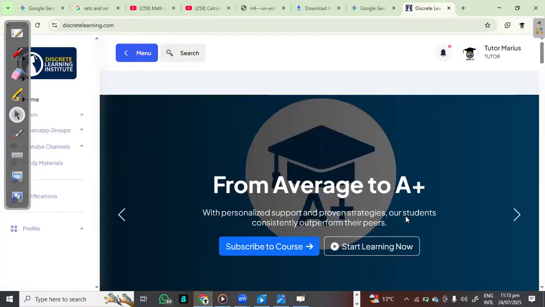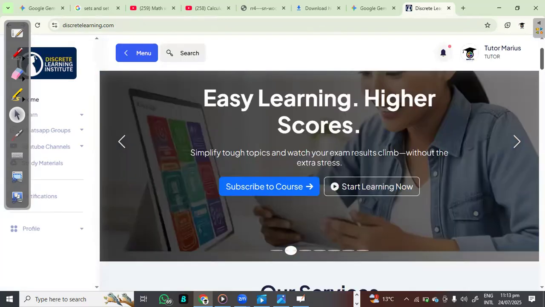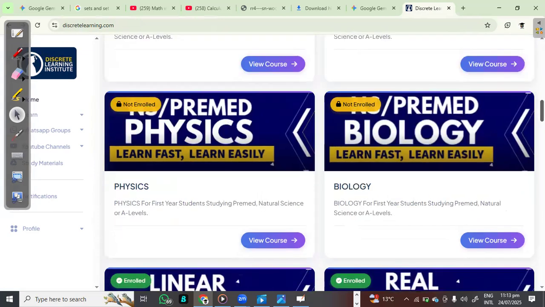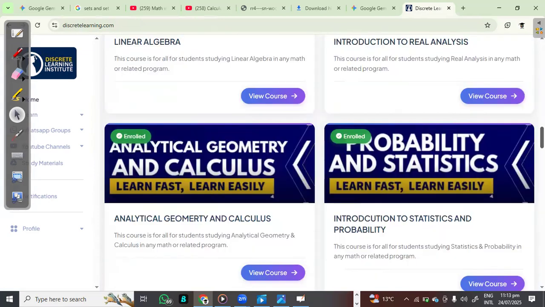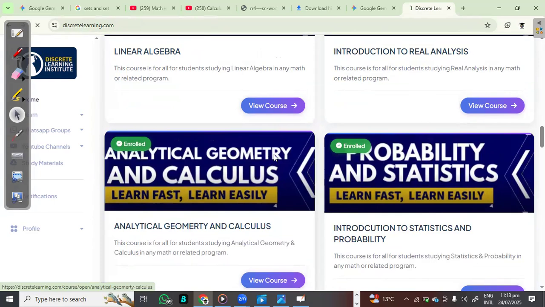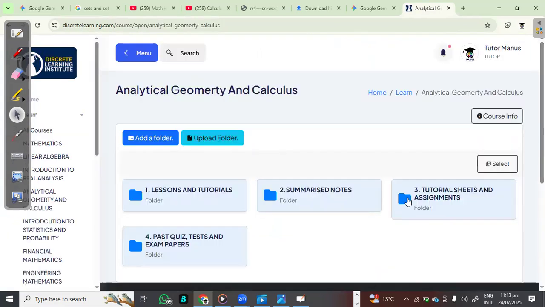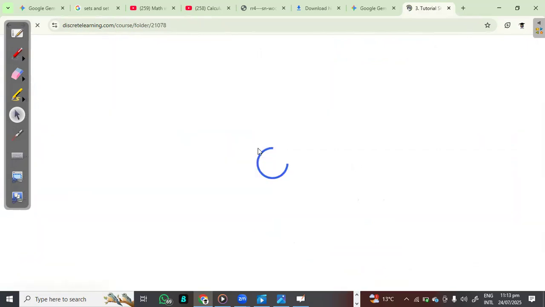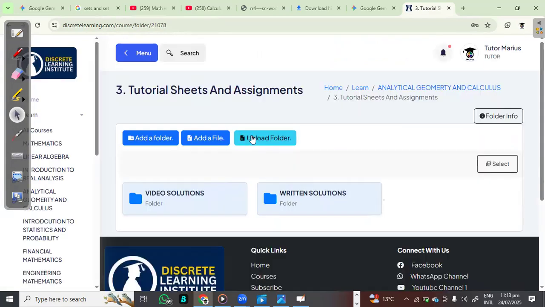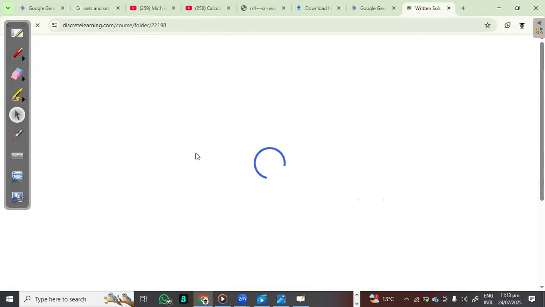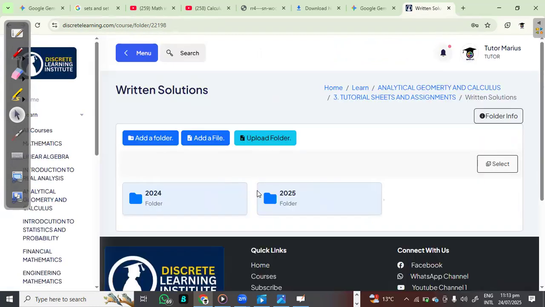After logging in, you go to the course which you registered for. So now we're talking of calculus. Here is where it is. Then you go into the folder Tutorial Sheets and Assignments, then to Written Solutions, then you open 2025 Solutions.